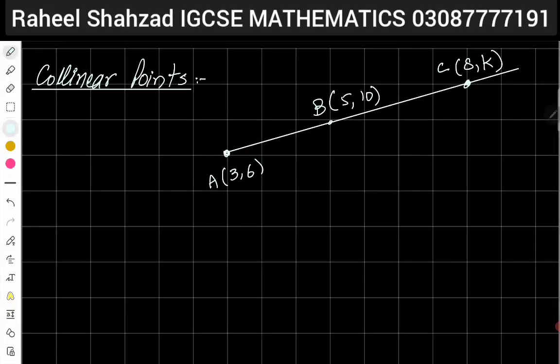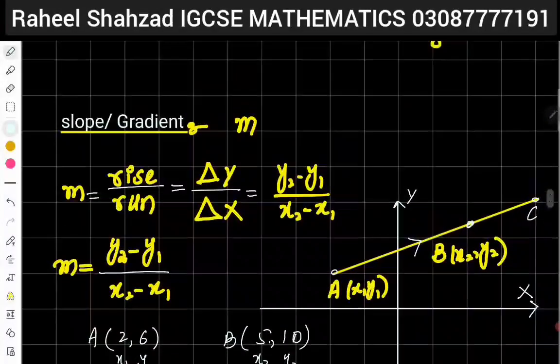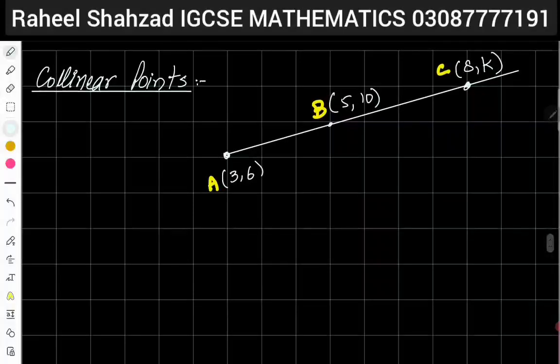It is given that points A, B, and C are collinear, which means they are lying on one straight line. So there is a rule, using this concept of slope or gradient, that the slope of AB must be equal to the slope of BC, which must be equal to the slope of AC.